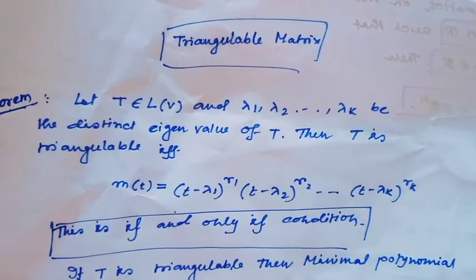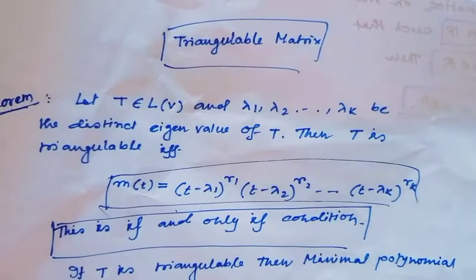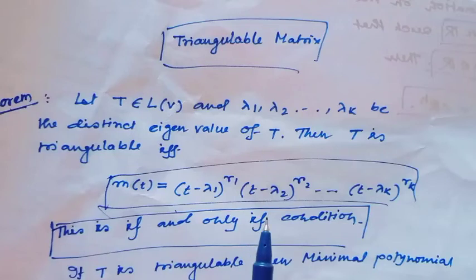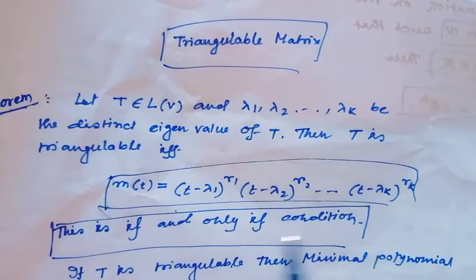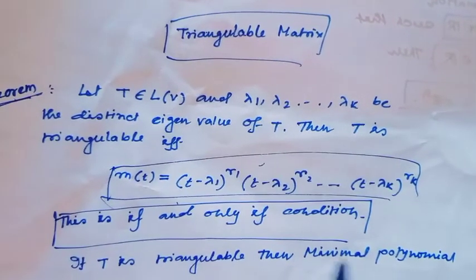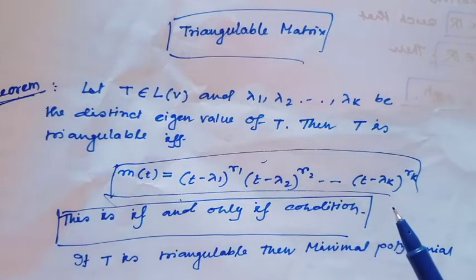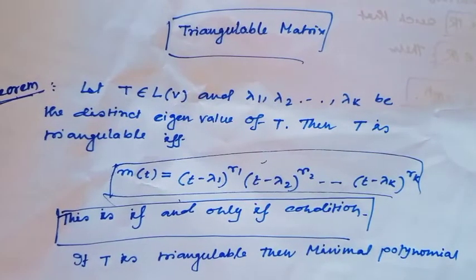This condition is an if and only if condition. That means if the matrix is triangulable, then the minimal polynomial is always of this type. Also, conversely, if there exists a minimal polynomial of this type, then obviously this transformation is triangulable. Are you getting the idea?